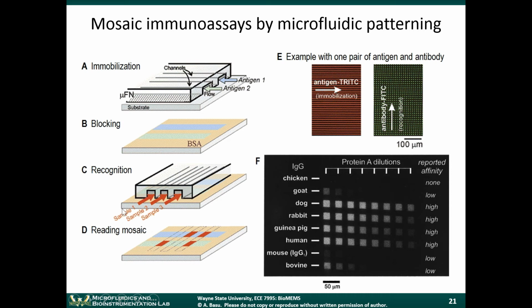Sample 1, sample 2, sample 3. Now, sample 1 will pass through this region, and then it'll pass through this region. So as it passes through, if any of the proteins attach to antigen 2, this will change the color here. If any of the proteins attach to antigen 1, it'll change the color here.